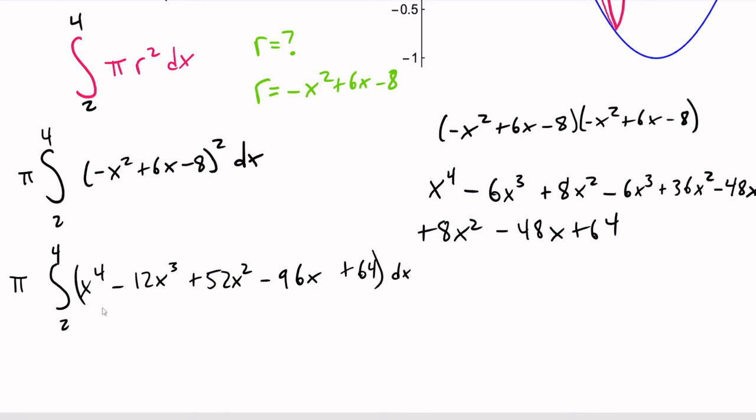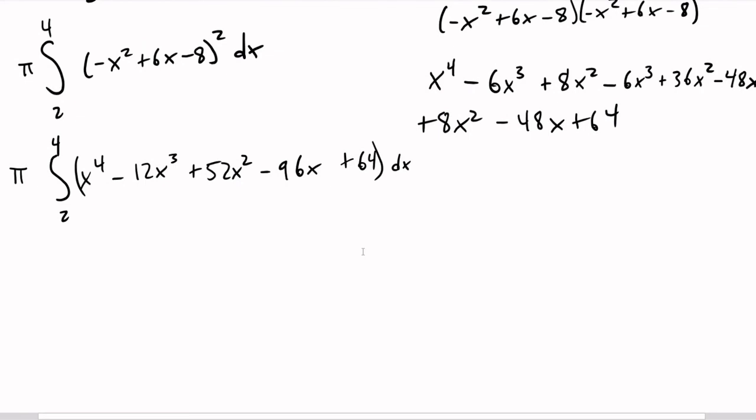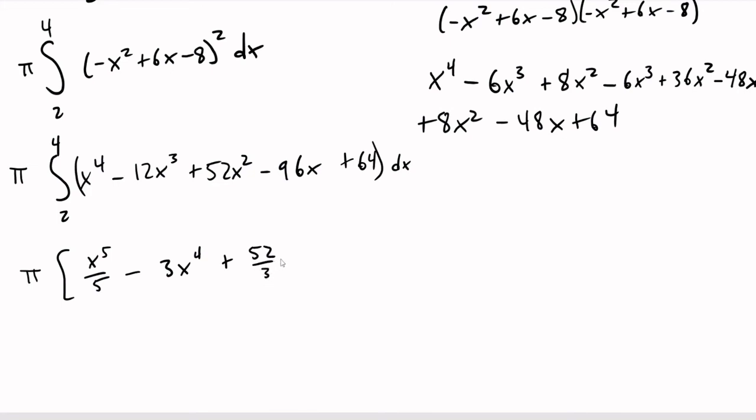All right, from here, we know how to do this. Just add 1 divide on each of these. So that's pi times x to the 5th over 5, minus, and then we're going to have up to the 4th divide, but we can simplify that. Add 1 divide, plus 52 over 3x cubed, minus, and then I'm going to add 1 divide.